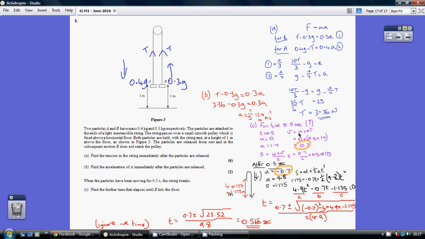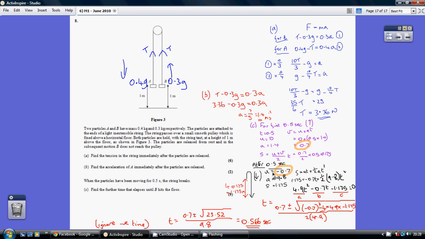Equally, using V equals U plus AT, we can work out that our final speed V was 0.7. So we know that at the end of that 0.5 seconds we're travelling at a speed of 0.7 and we've travelled a distance of 0.175 meters.